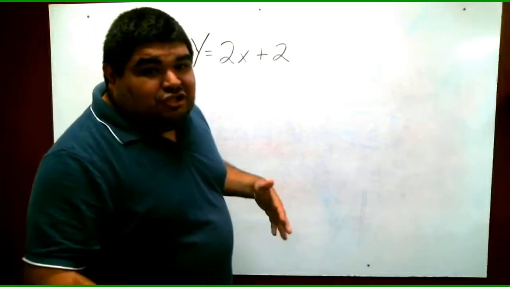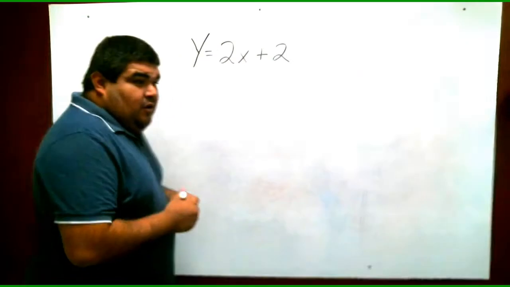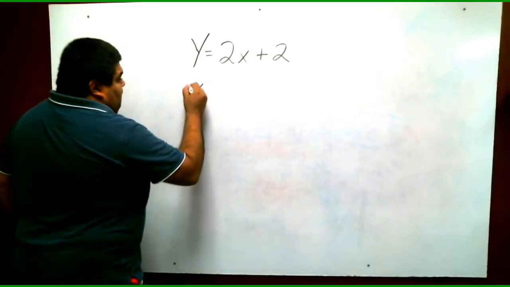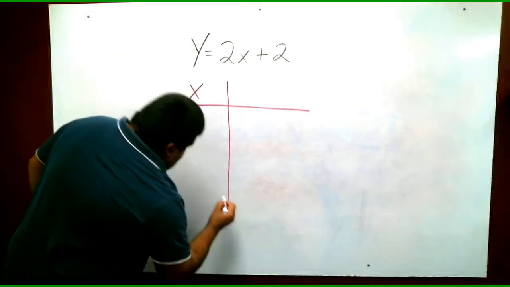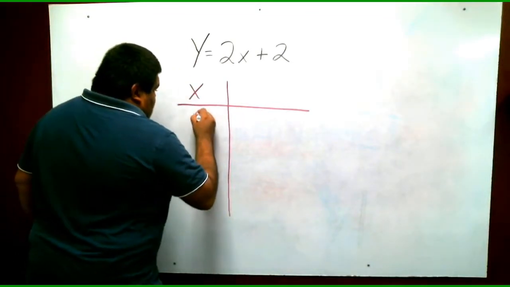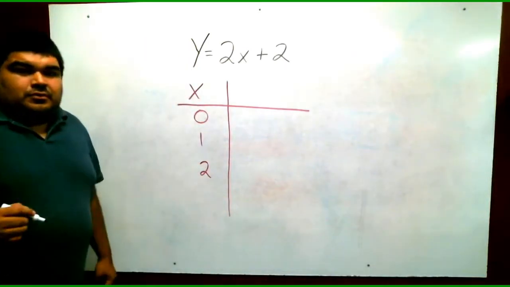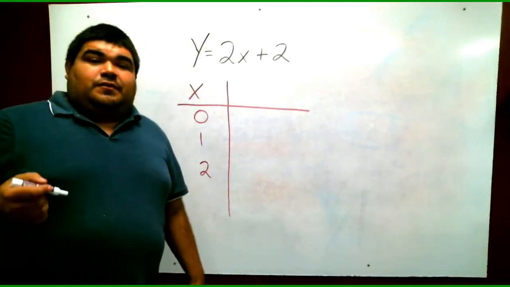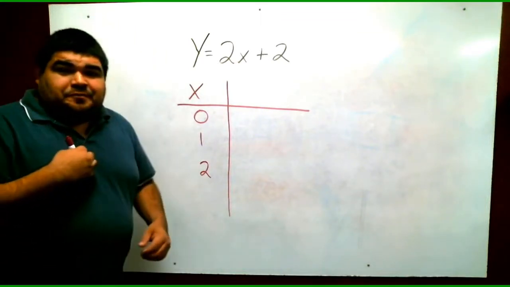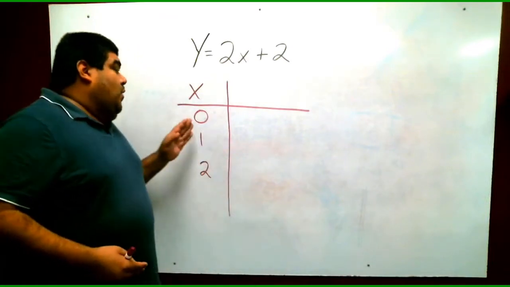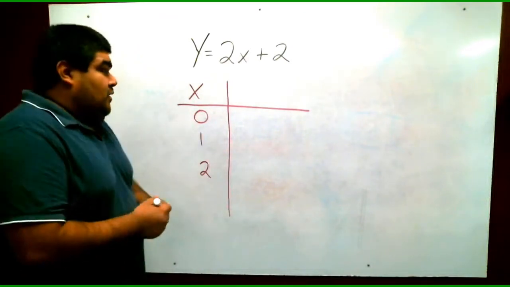Today, we're actually given a few x values. Okay, our values are 0, 1, and 2. Those are our values for this graph. All we have to do is solve for the y where these coordinates hit in order to plot those points.